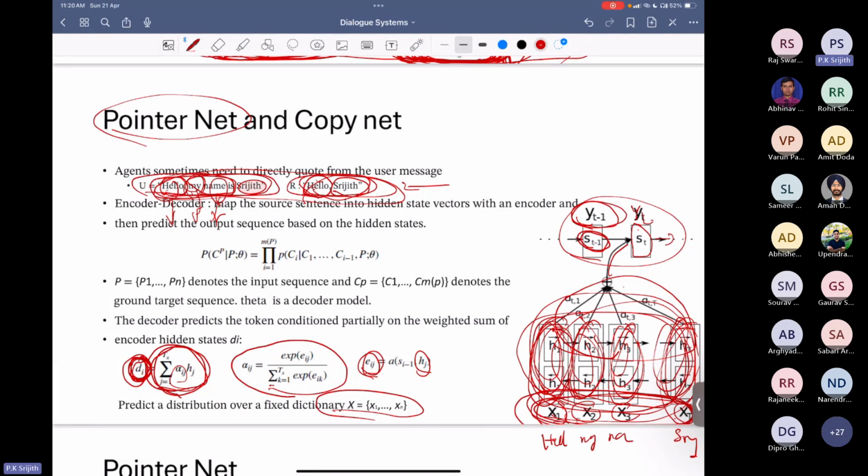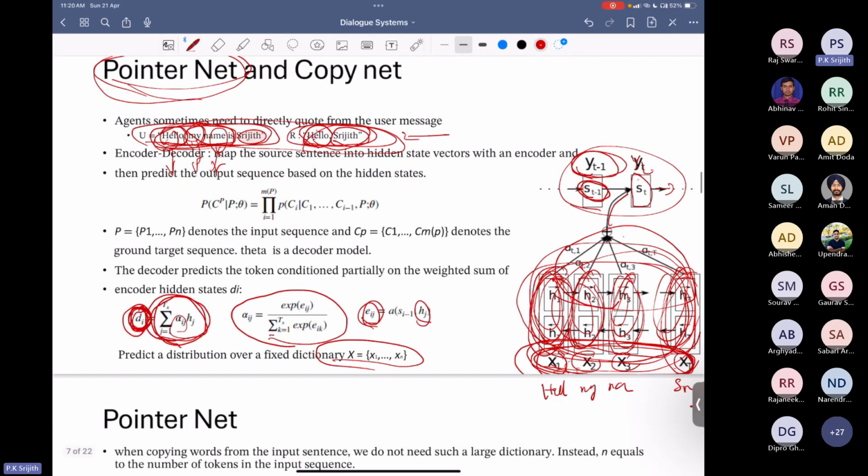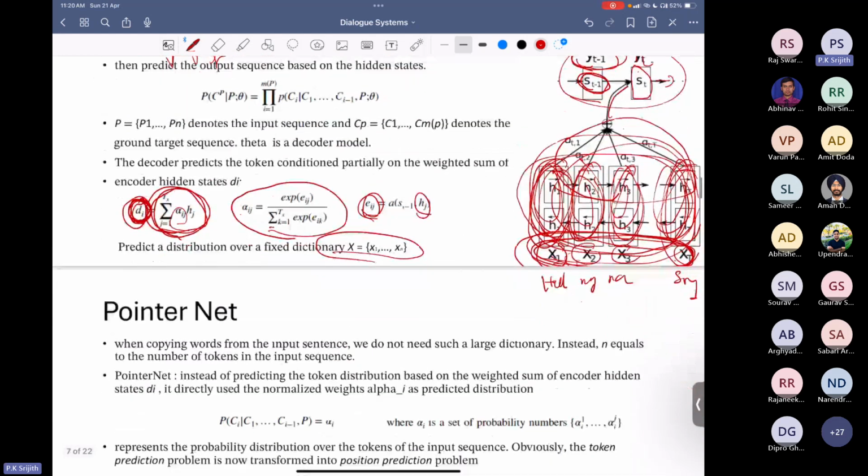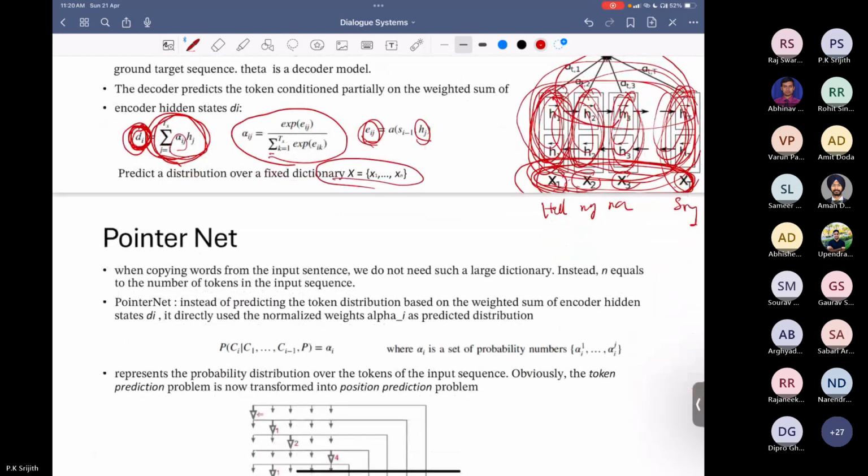So that's the motivation behind introducing pointer nets in dialogue systems. And what a pointer net does is very simple. It finds the probability of predicting the ith word given the previous words it has predicted and the input user message E. And that probability for predicting the ith word is just alpha I, where alpha is the quantity that you have computed.